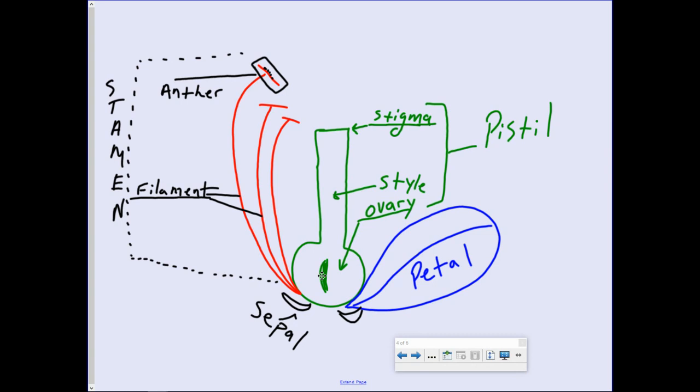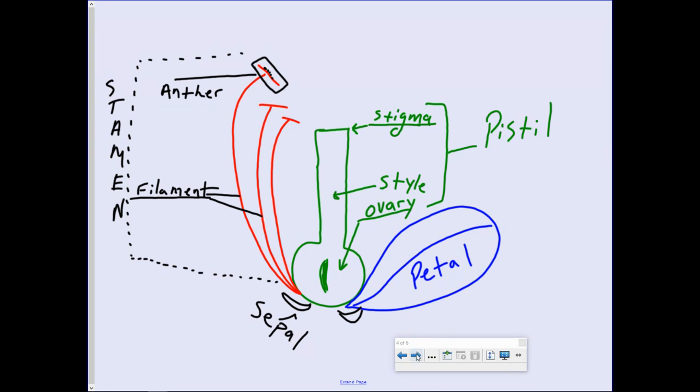So two completely different things. Stigma, style, ovary, ovule, that's where the magic happens. So pollination is the transfer of pollen, and fertilization is when that pollen gets into the ovule and actually starts developing into seed.